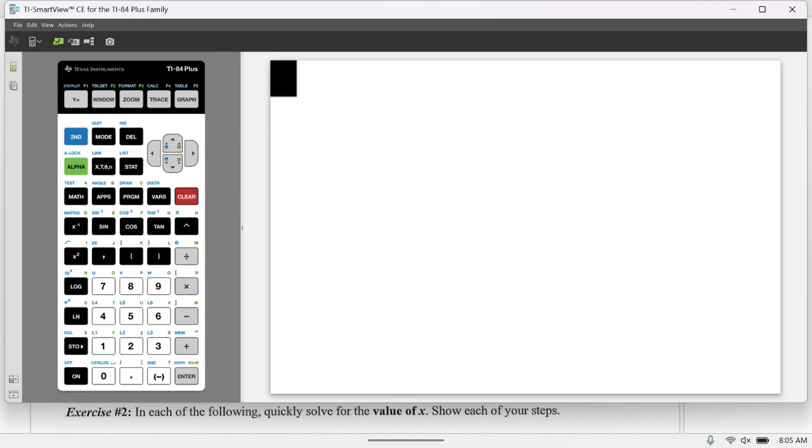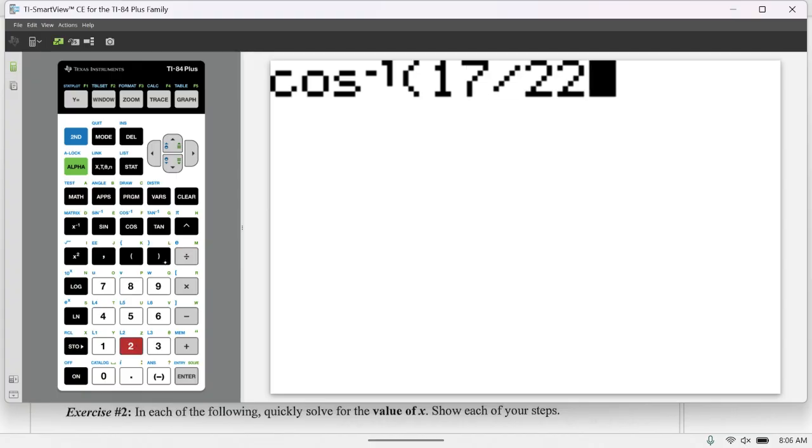What button do I press? The cosine with the -1. Second, and then cosine. So if you hit the second button first and then the cosine button, you get the inverse cosine. And we're just going to type in the ratio, 17 divided by 22.